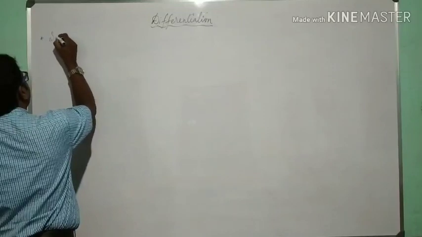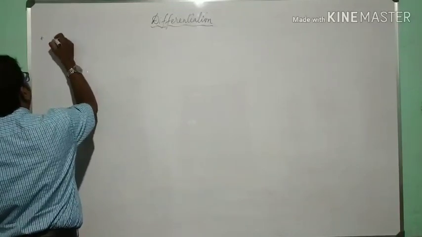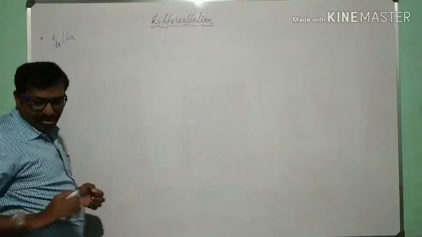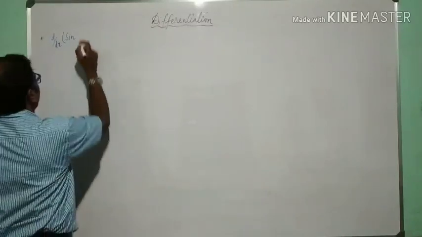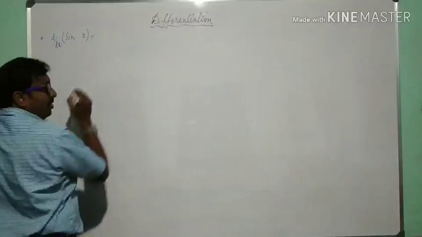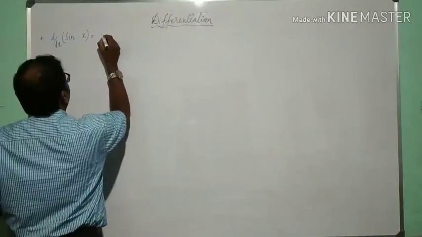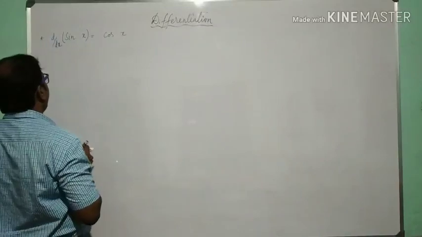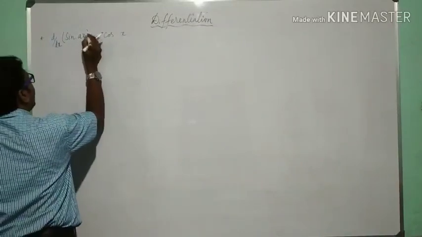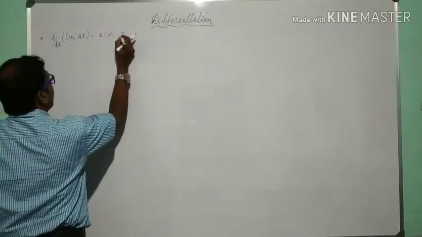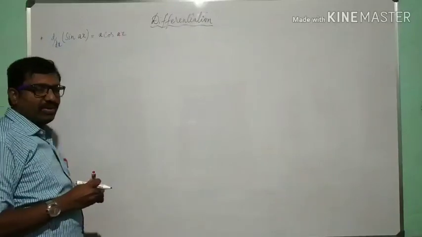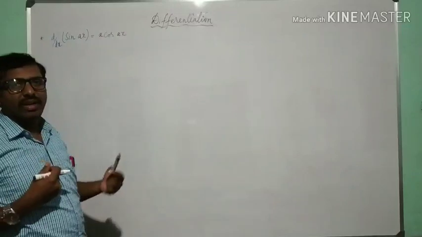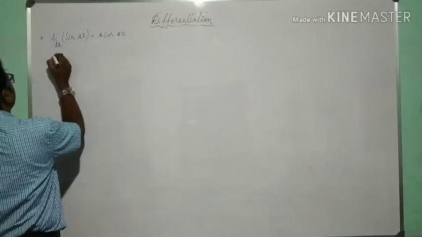For example, derivative of sin x is cos x. But if you take sin ax, it becomes a cos ax. That's very simple. Like what you have studied in the previous video, you have to study here.